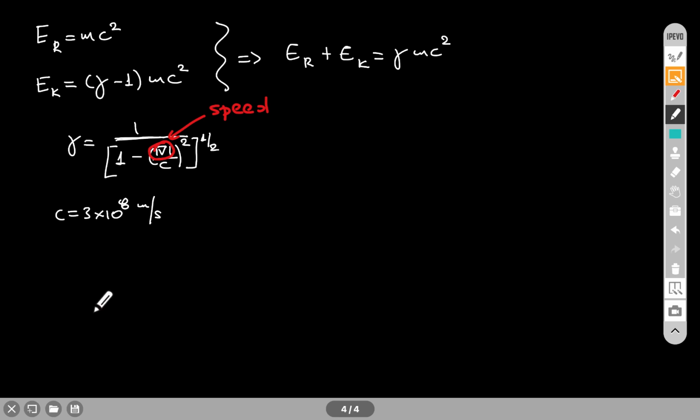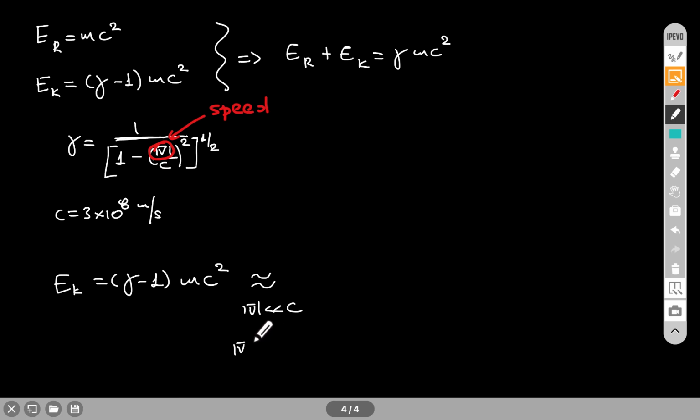So if you take this expression and I confine myself to speeds that are much less than the speed of light, I will not go over the proof for this. Now you may ask, what is much less than the speed of light?